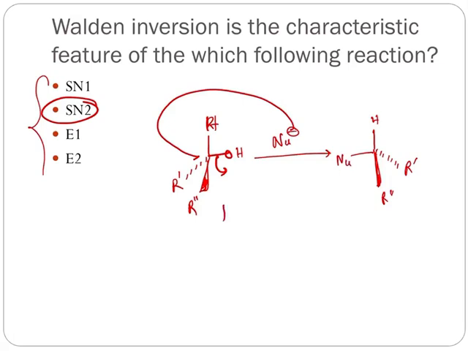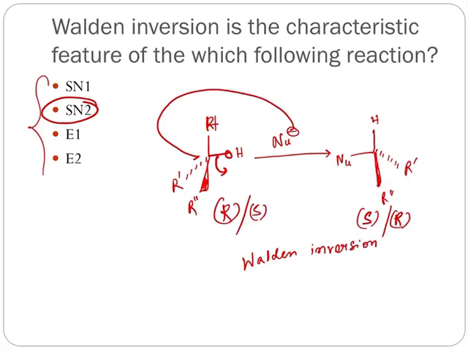So here if its configuration is R or S, this will be converted into S from R or R from S. So this inversion of the configuration is called Walden inversion. So the Walden inversion is the essential feature of SN2 type of reaction.